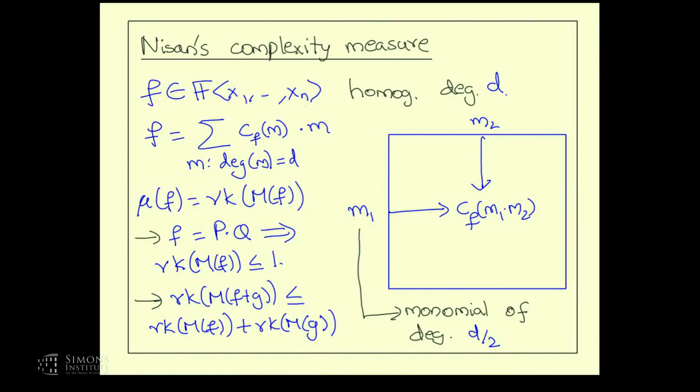The rank being a subadditive function tells you that the rank of m of f plus g is at most the rank of m of f plus the rank of m of g. So the complexity of f plus g is at most the complexity of f plus the complexity of g. Whenever we use matrix rank to define a notion of complexity, subadditivity always comes for free because of this.